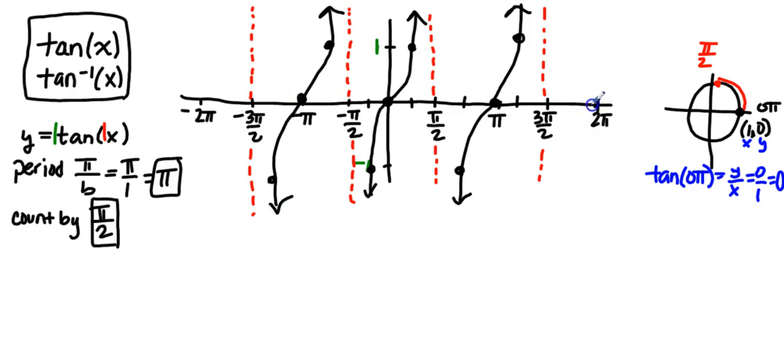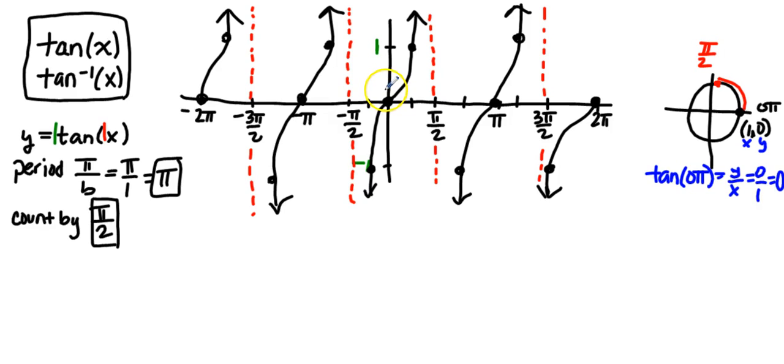And it keeps going and going. Like if I were to graph this little half, we'd have this half right here. It goes on forever and ever. So now we've had a nice little refresher on how to graph tangent.